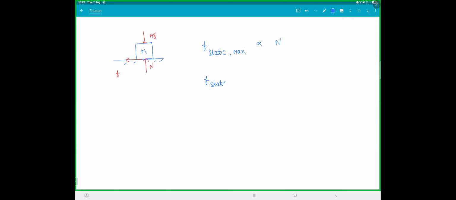So F static maximum is given by mu static into N, the proportionality constant. Be careful. F bar is not equal to mu S into N bar. The directions are different, and they're not parallel vectors. We are only comparing the magnitudes.